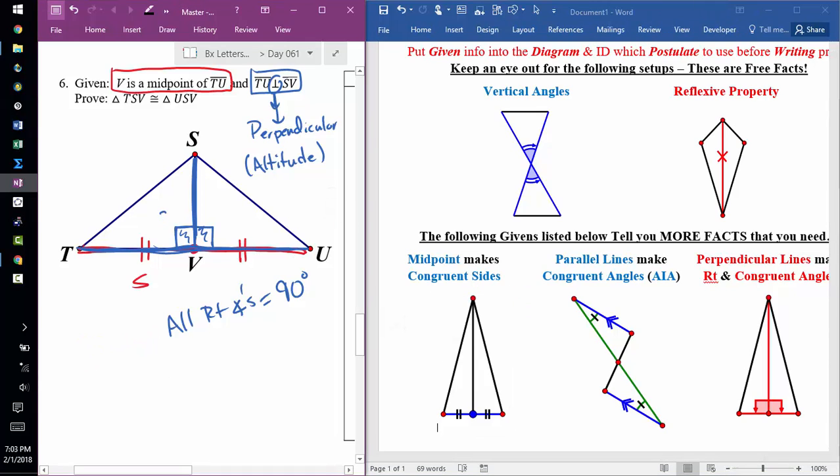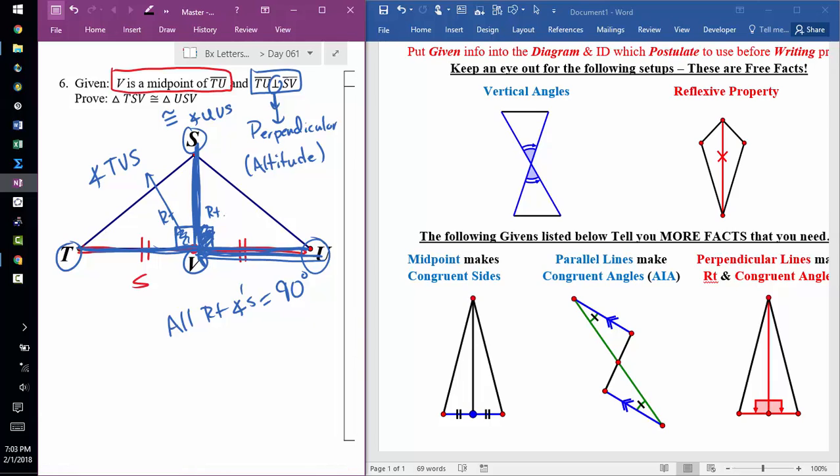So if I've got a right angle here and a right angle here, I can say these right angles must be congruent. I can say angle TVS has got to be congruent to this angle here on the right, UVS, because that's what right angles are.